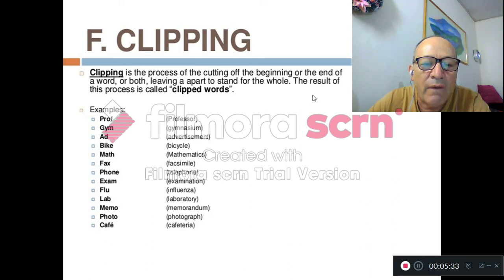Now, photographer. I'm cutting the end of the word and the result is photo. And the last one, cafeteria. We're cutting the beginning of the word and the result is caf. All these small words are the result of cutting words, and that's called clipping.